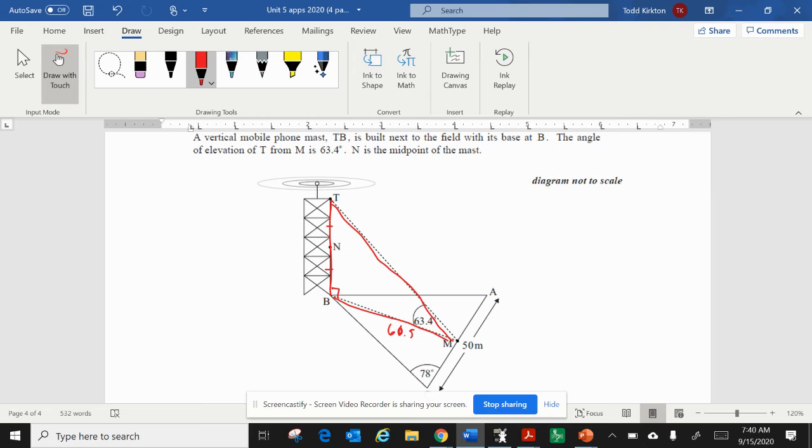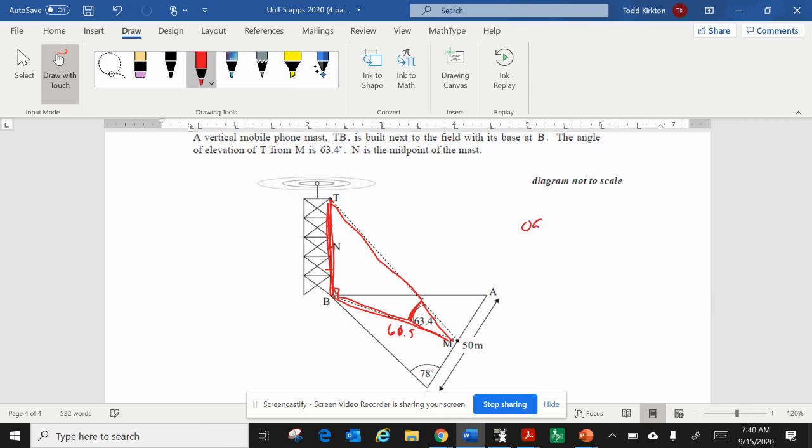The first thing that I can do is, in my right triangle, I know that I have the bottom of the triangle, which is the adjacent side, and I want to find the opposite side.